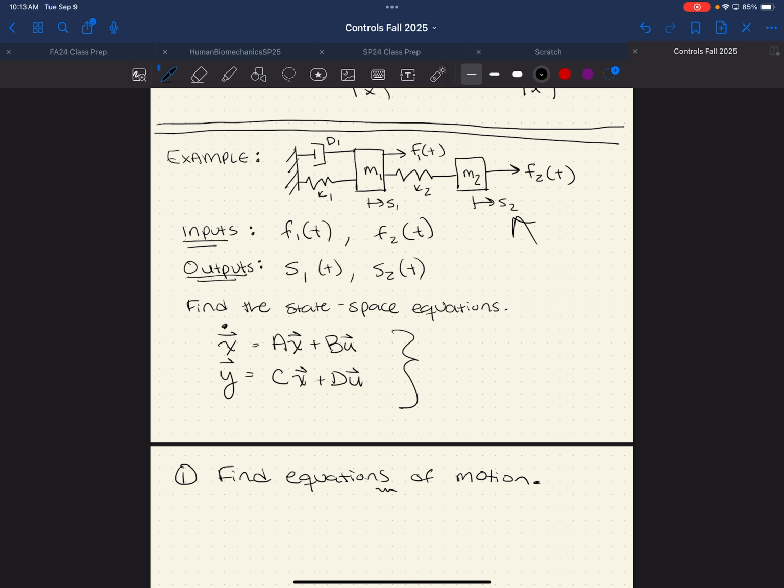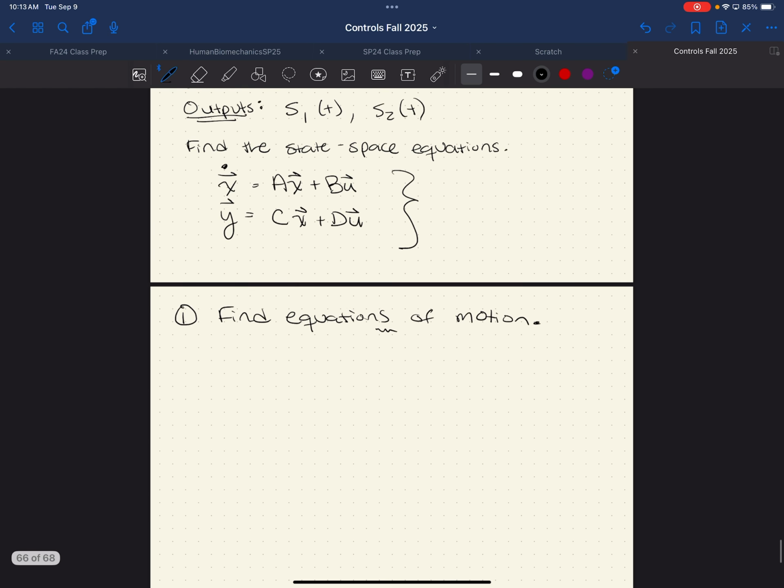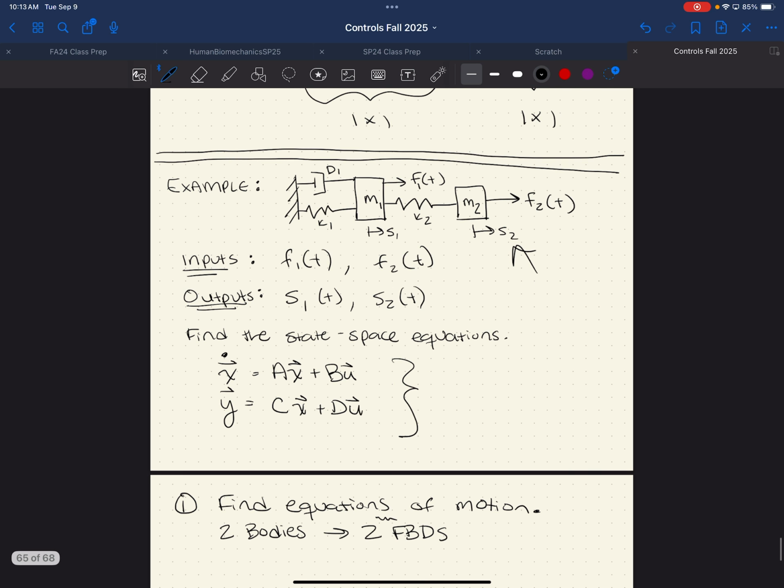How many bodies are in this problem? Two. So how many free body diagrams would you draw? Two. And you should end up with an equation of motion for each. Do it on your paper.